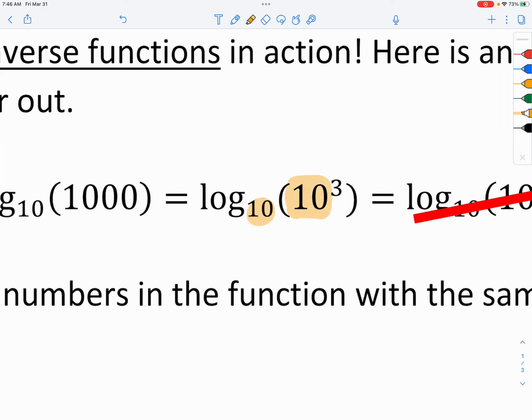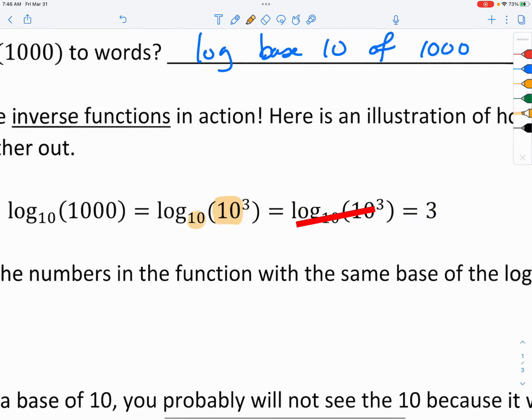They are the same. It's like, hey, you want to cancel out the square? What do you do? You do a square root, not a cube root, not a fourth root, but a square root. They gotta match up. They gotta be the exact inverse functions of each other, and therefore they can cancel each other out. And that's how you get 3.